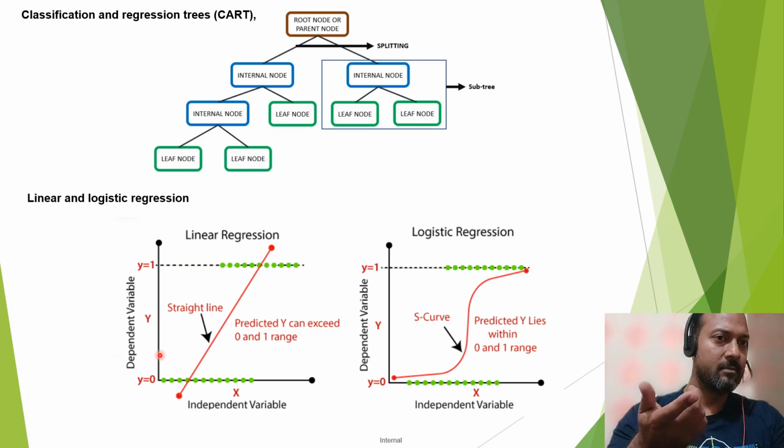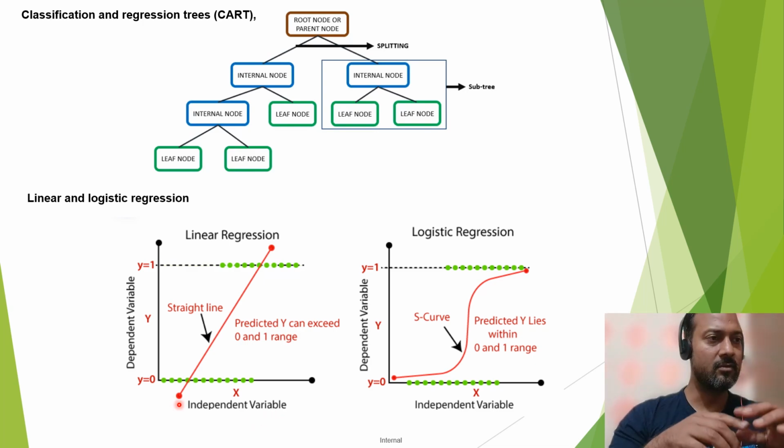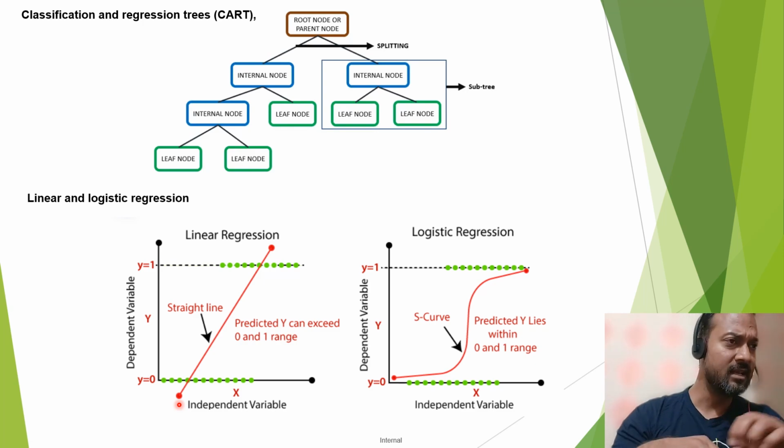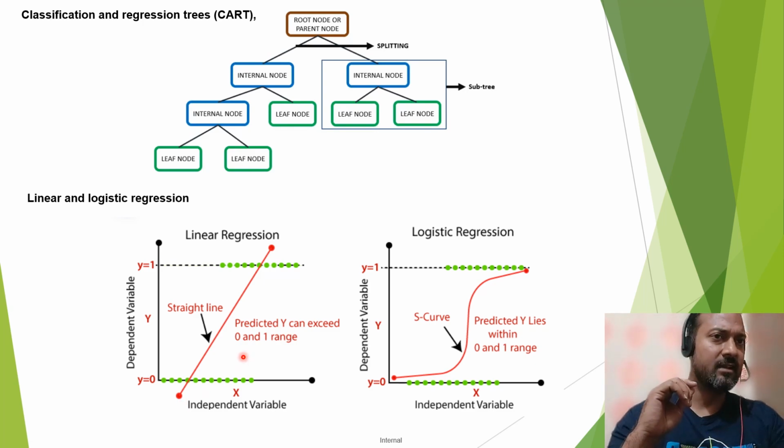So dependent variables and independent variables, and their values can lie at 0, 0.1, 2, 3, 4, right? It could have any value depending on the independent and dependent variables. That's linear regression. And why do we say linear? Because there would be a path that would be a kind of line, with different values altogether.